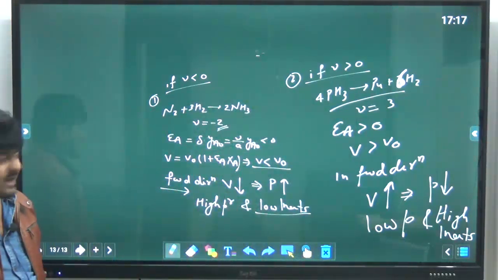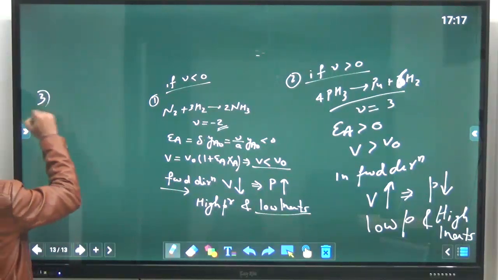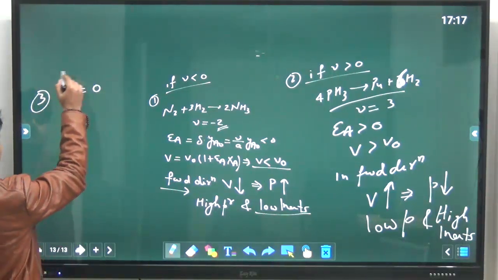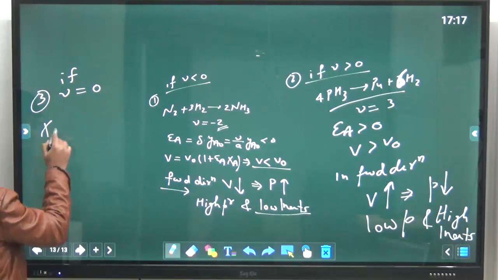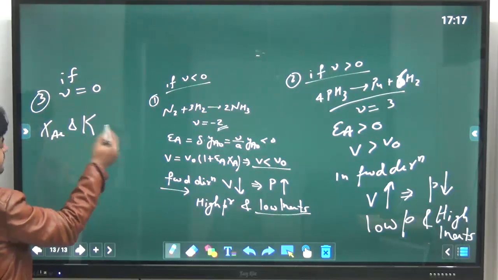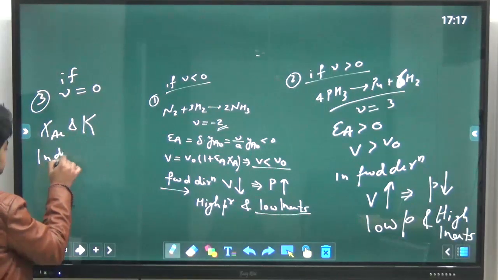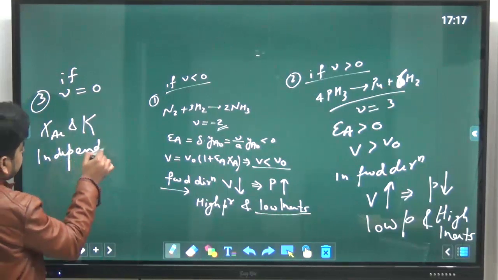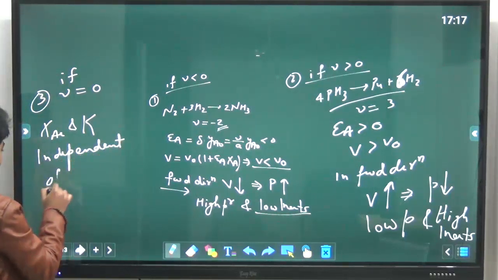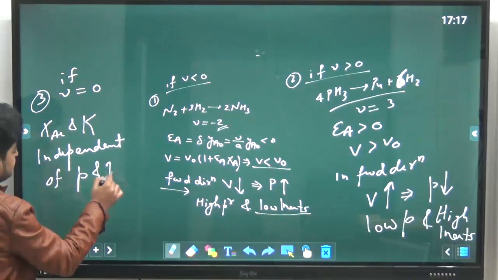And if the overall stoichiometric coefficient is 0, then equilibrium conversion will be independent of pressure and inerts.